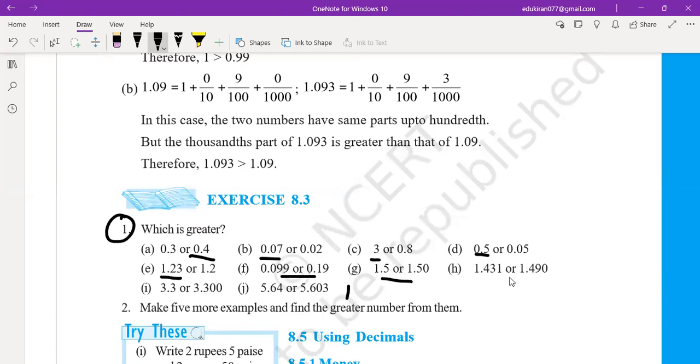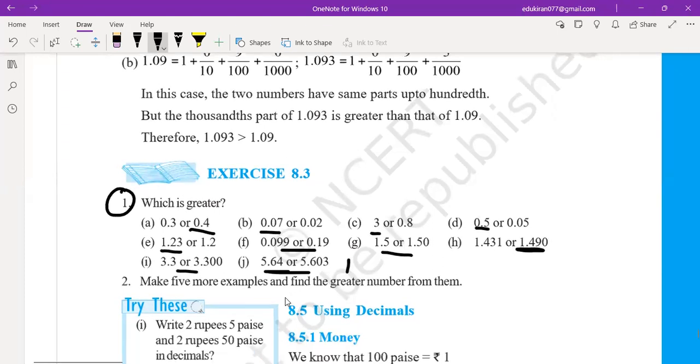Next. H. 1.490. Okay. 90, not 90. Okay. Next. J. I, sorry. I. Equal. Okay. Next. 5.64. Okay. Very good.